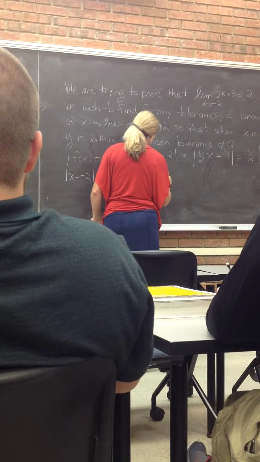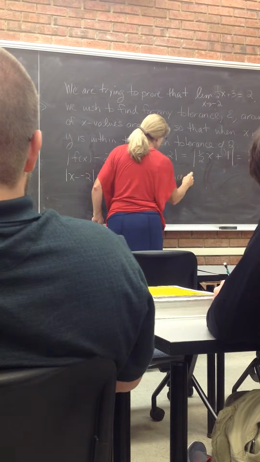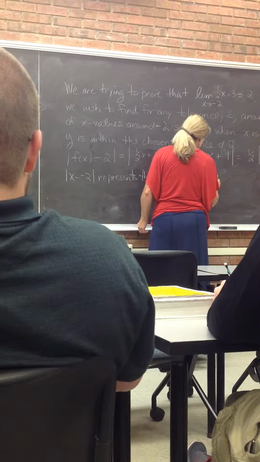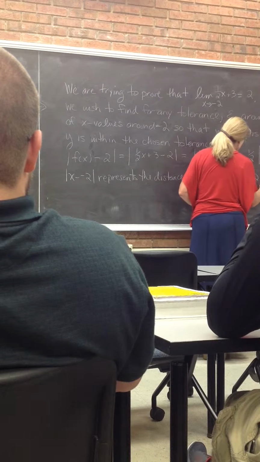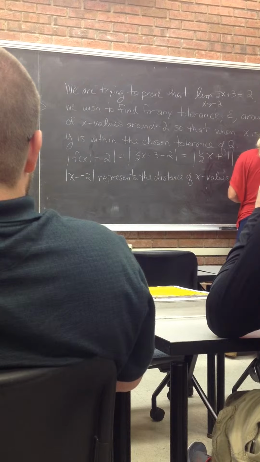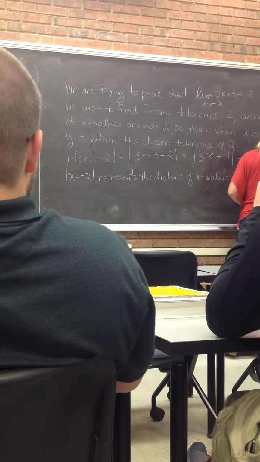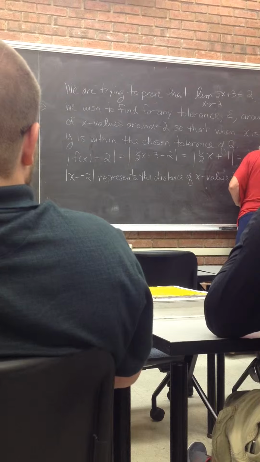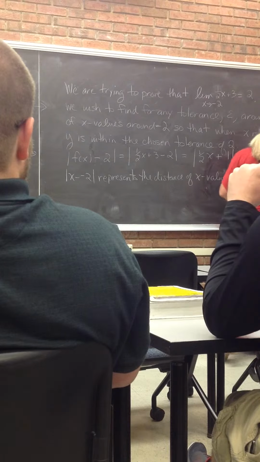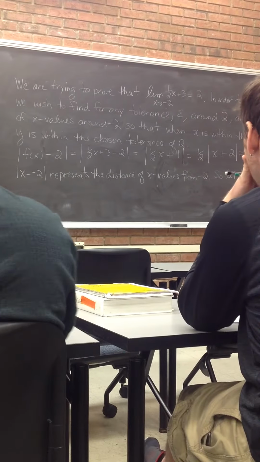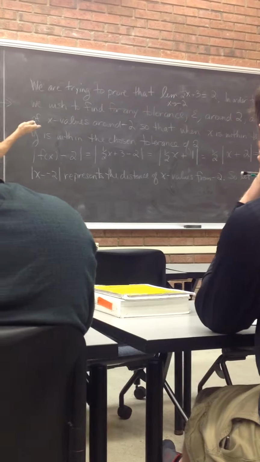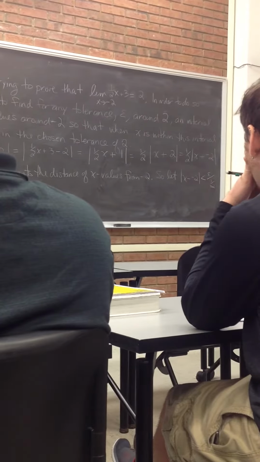Distance of x values from negative 2. So instead of using the delta this time, I just went ahead and wrote down the absolute value of x minus negative 2.